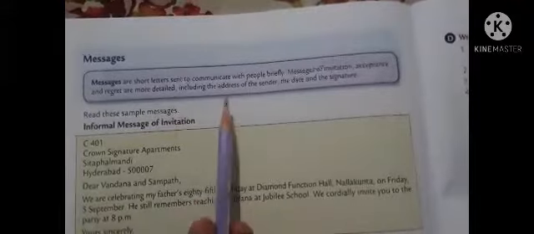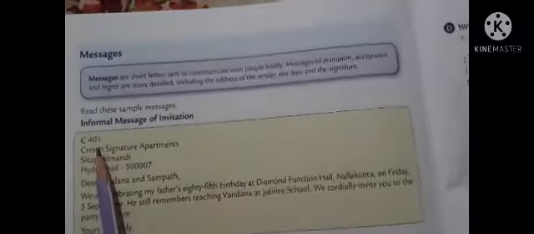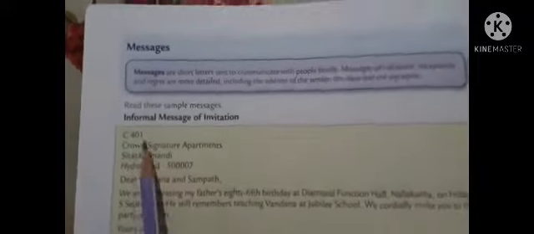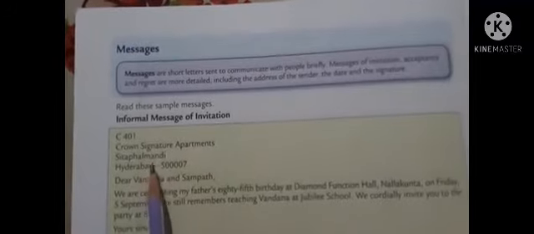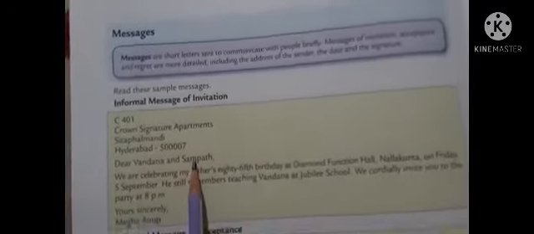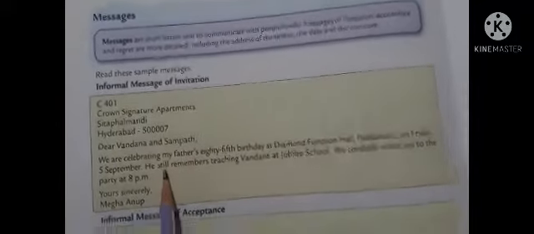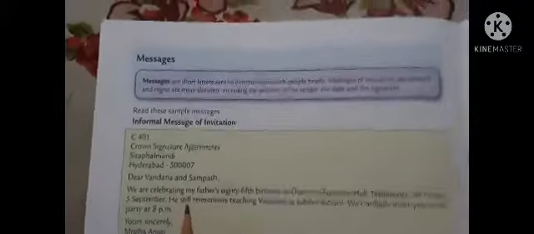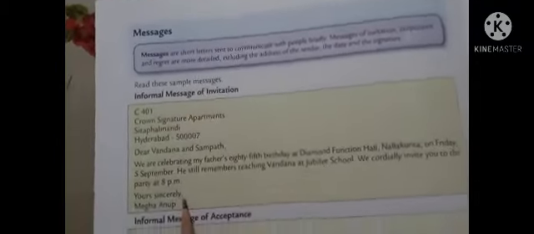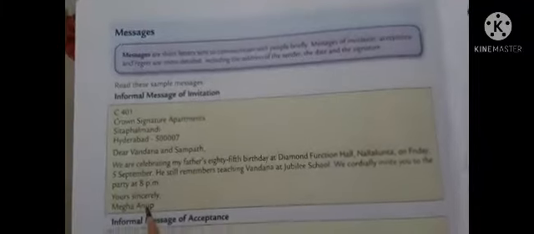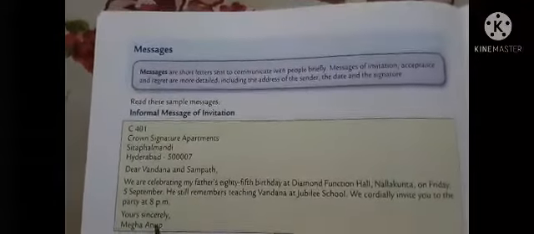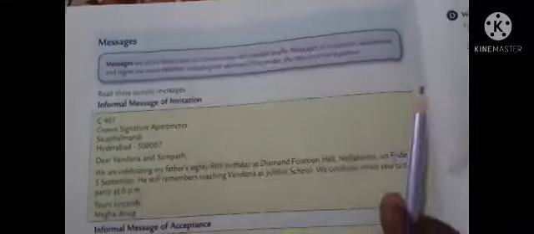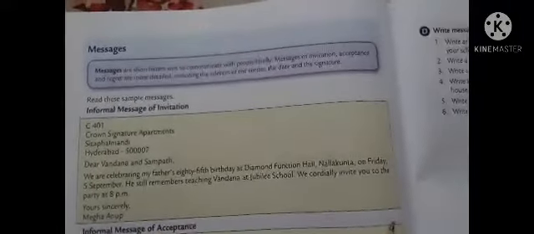In a message, the address of the sender should be mentioned as written here, followed by the date and the salutation, and then the message that we want to give, and subscription, and then we write the signature of the person who is sending the message, as written here in the format, and then we put the box this way.